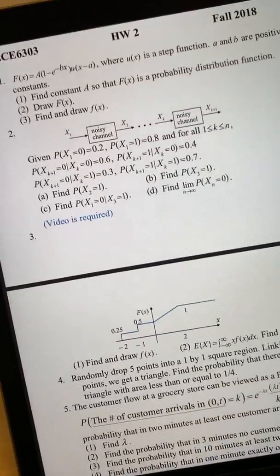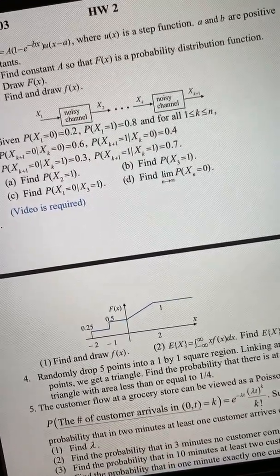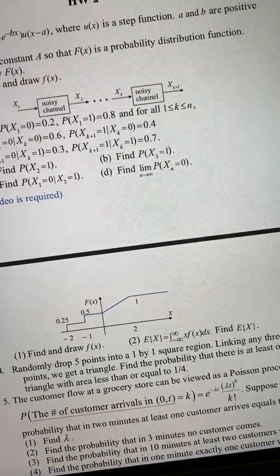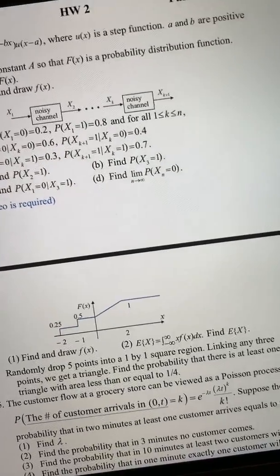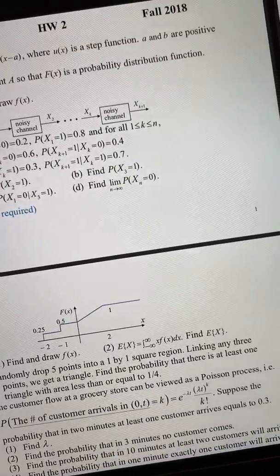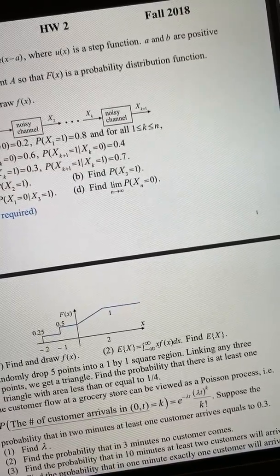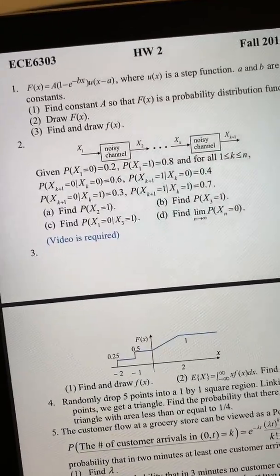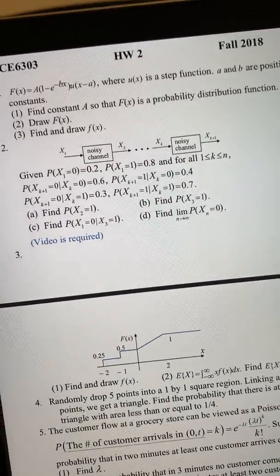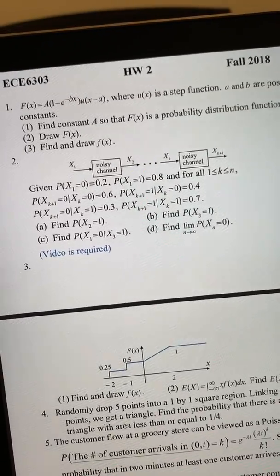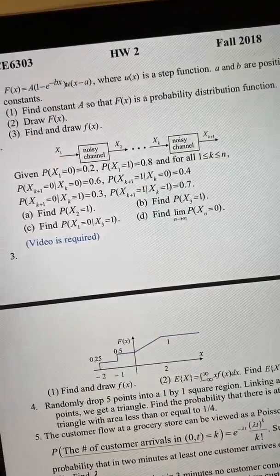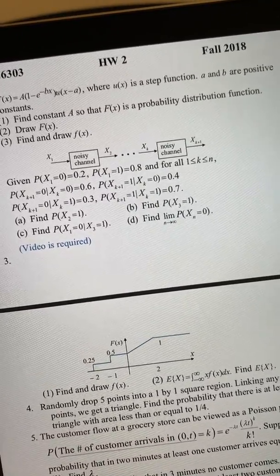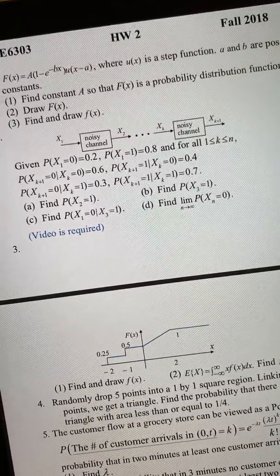The probability that x1 equals 0 is 0.2, and P(x1 equals 1) is 0.8, and for all k bigger than or equal to 1 and smaller than or equal to n, there is a conditional probability that xk plus 1 equals 0, given that xk equals 0, is 0.6.